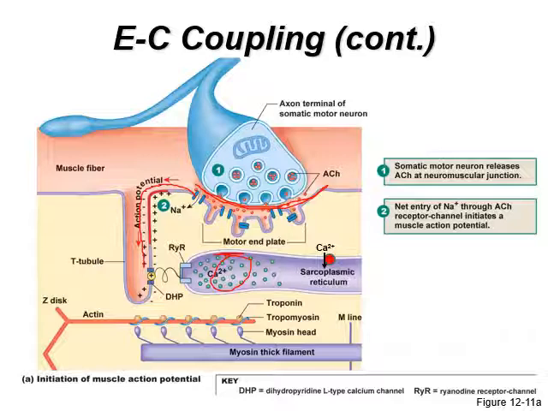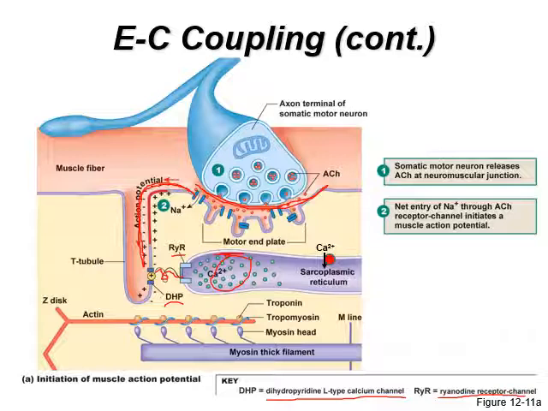All right, so the action potential is coming down the T tubules. In these T tubules, you have this DHP, dihydropyridine calcium channels. And they are physically coupled to these RYR, which are your ryanodine receptors.